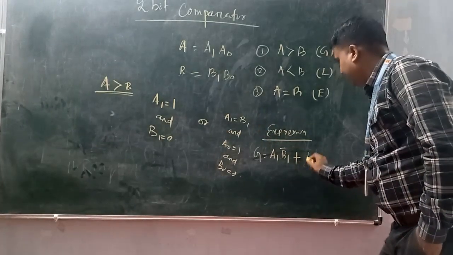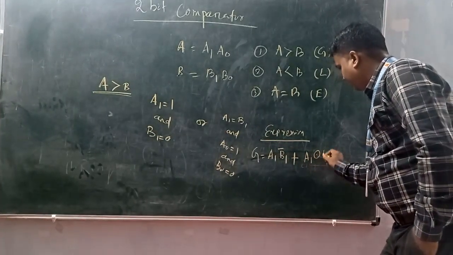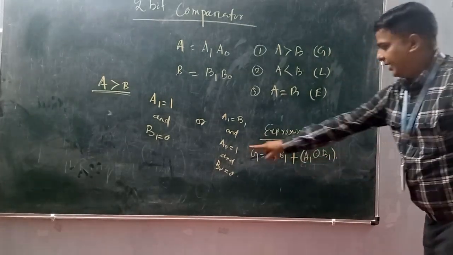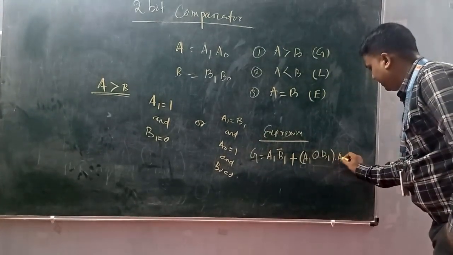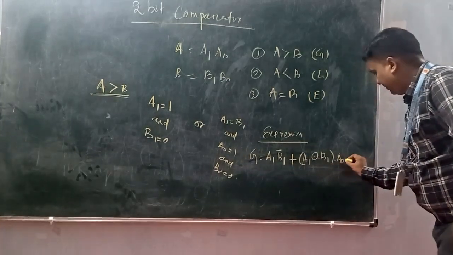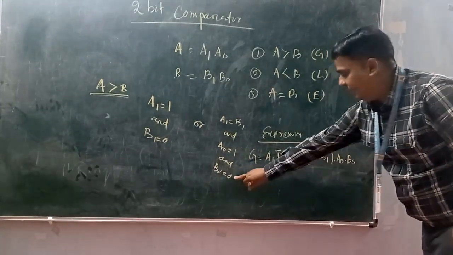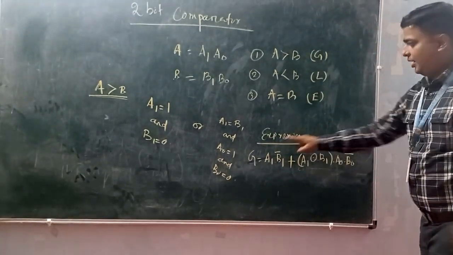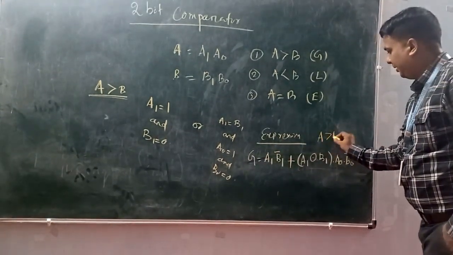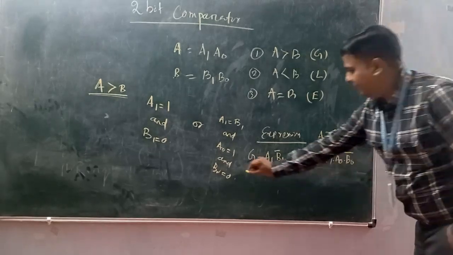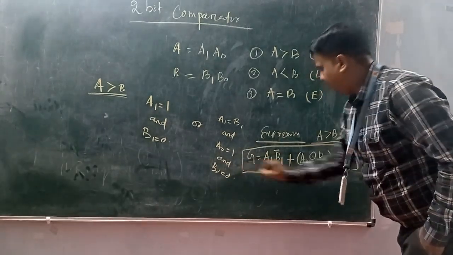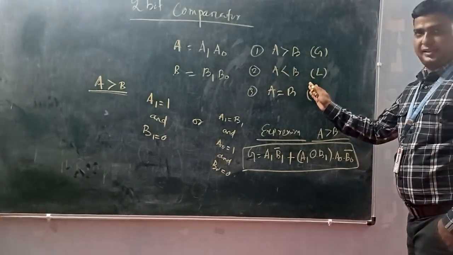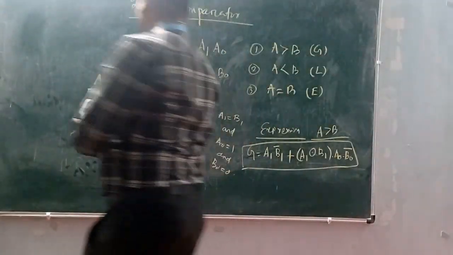The XNOR gate. That means A1 XNOR B1, AND gate, into A0 is 1, so A0, and B0 is 0 here, so B0 bar. So this is the overall expression when A greater than B is satisfied. So this is the expression for A greater than B.